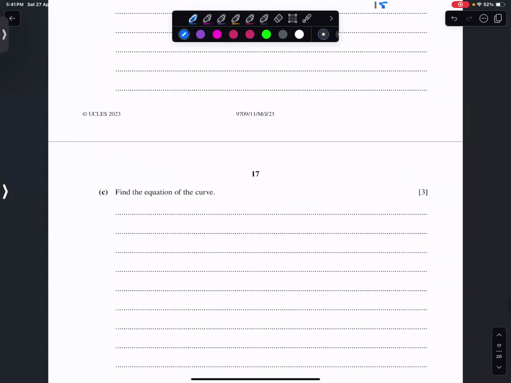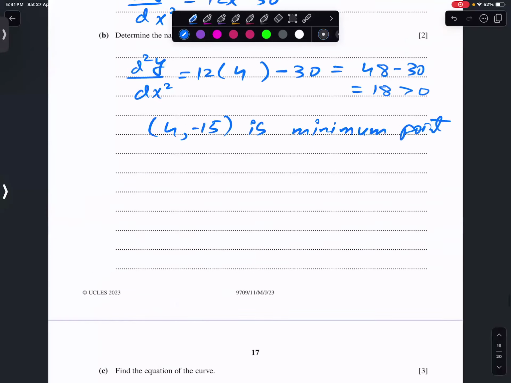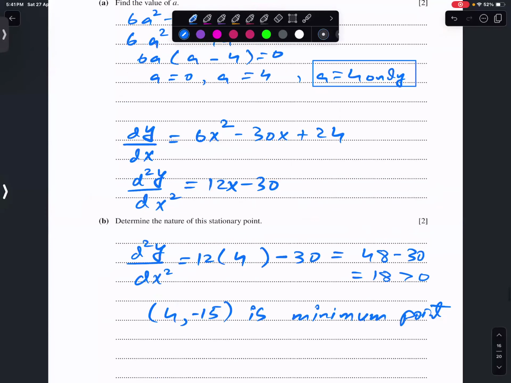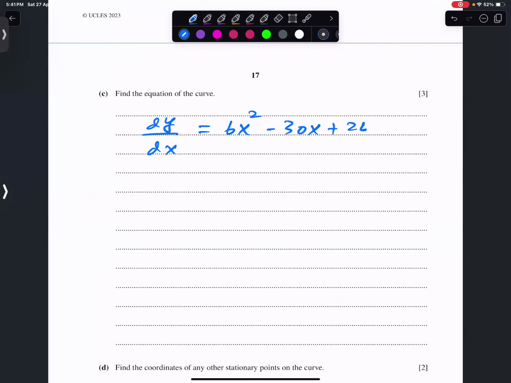Find the equation of the curve. Again, you know that if you want to find the equation of a curve from the derivative, you will integrate it. So integrate: 6x cube over 3 minus 30x square over 2 plus 24x plus constant of integration.